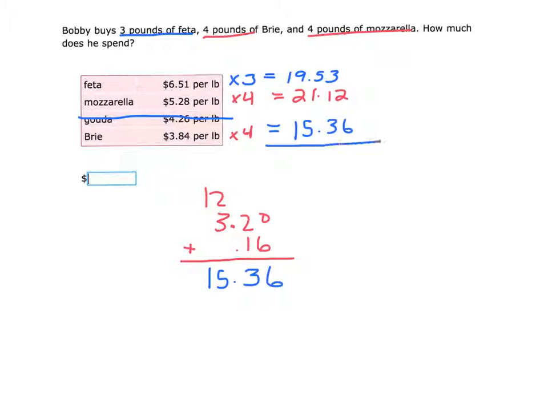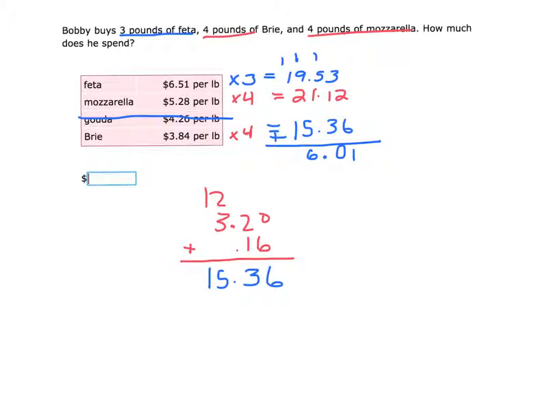So now, in order to figure out how much money he spent altogether, all we have to do is just take these three numbers and add them together. So let's just do this the old-fashioned way here. 3 and 2 is 5, and 5 and 6 makes 11. So carry the 1 here. And then we've got 5, 6, 7, and 3 makes 10. Again, we're going to carry the 1 right there. 9, 10, 11, and 5 more makes 16. 16.